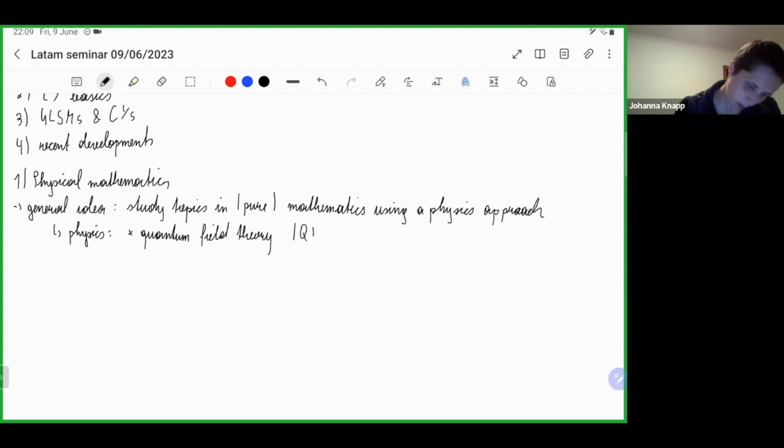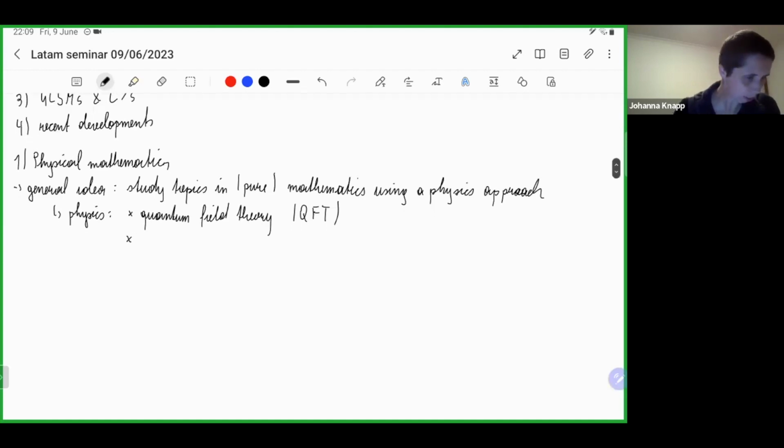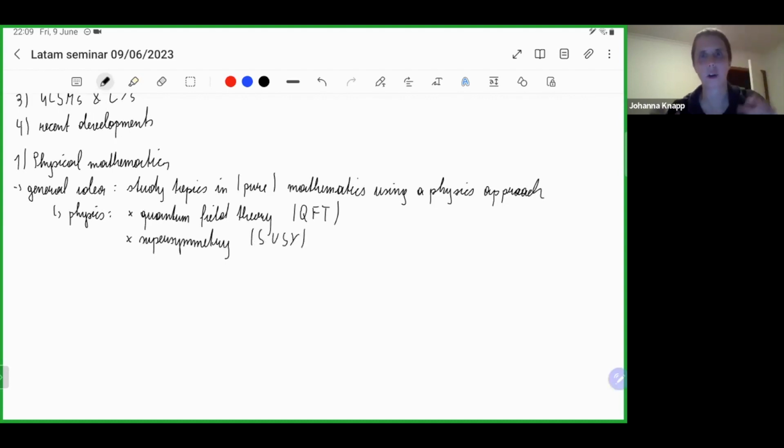Along the way I'll introduce quite a few acronyms that are hopefully rather standard, so that I don't have to do so much writing, and supersymmetry. You won't really see any supersymmetry in my talk today, but it will always be lurking in the background, and it will be responsible for many of the structures that we will see, and also for many features of the gauged linear sigma model.